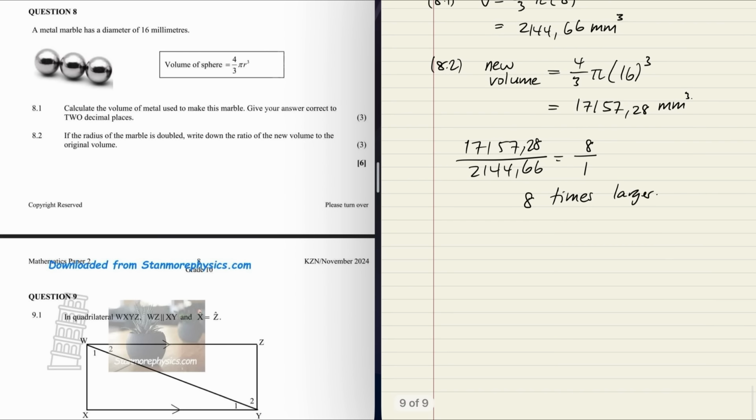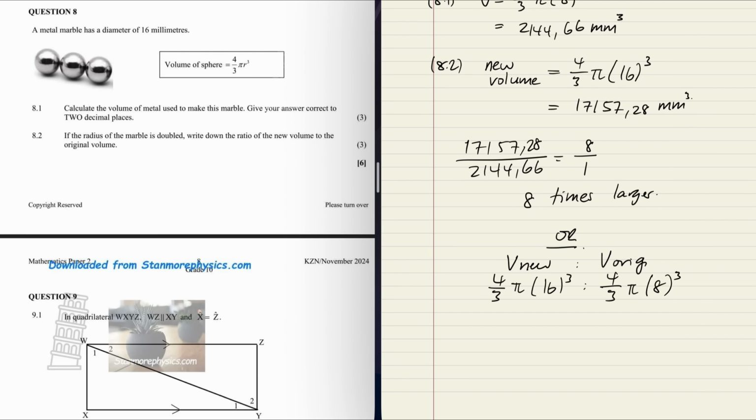You could just focus purely on the ratio between the two things. So you could say the volume of the new to the volume of the original, that's going to be 4/3 pi and then 16 cubed to 4/3 pi, and that's 8 cubed.